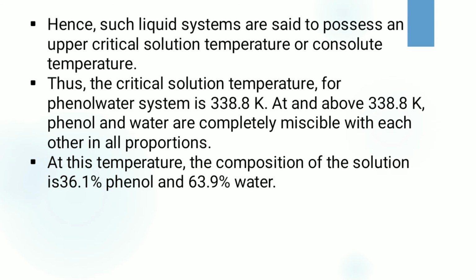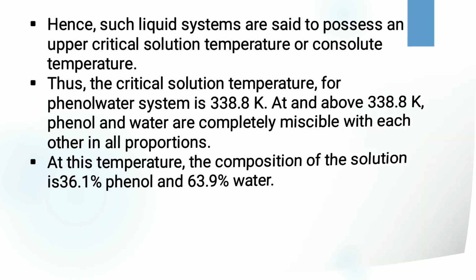Thus, the critical solution temperature for the phenol water system is 338.8 Kelvin. At and above 338.8 Kelvin, phenol and water are completely miscible with each other in all proportions. At this temperature, the composition of the solution is 36.1% phenol and 63.9% water.